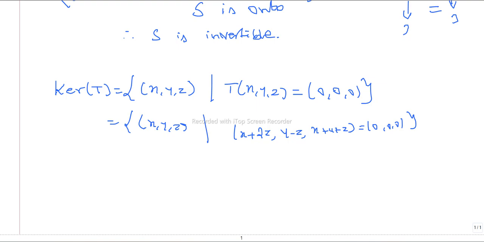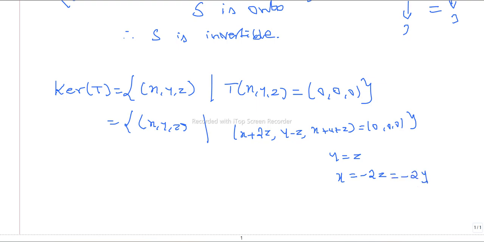Now look at the kernel. This is the definition. From this, if you compare the second coordinate, y should be equal to z. And if you compare the first coordinate, we get x equal to minus 2z, but minus 2z might be minus 2y.